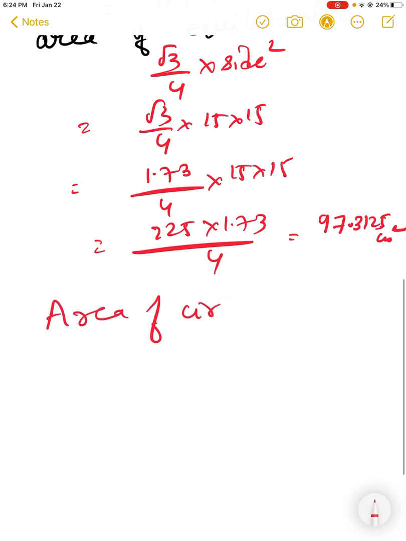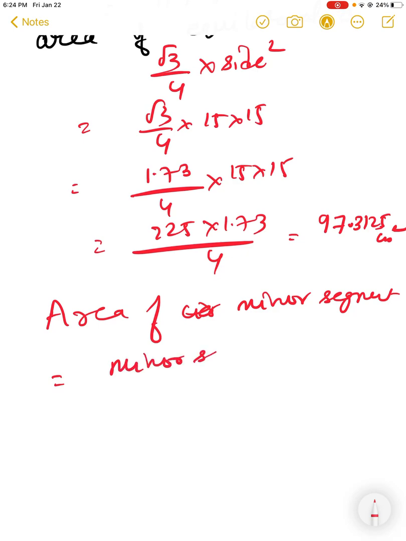Now the minor segment. Area of minor segment is equal to area of minor sector minus triangle.